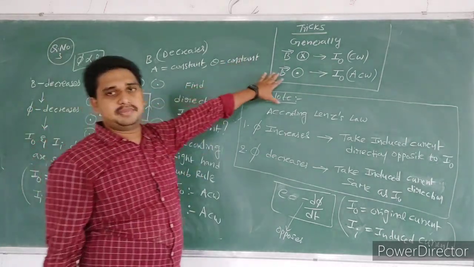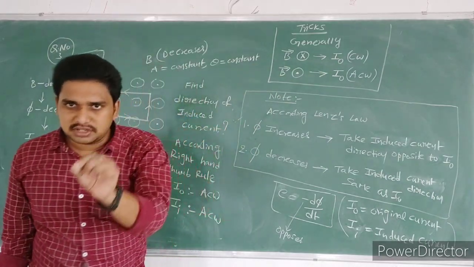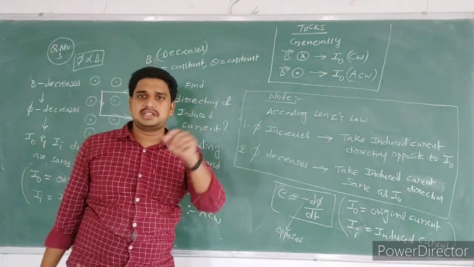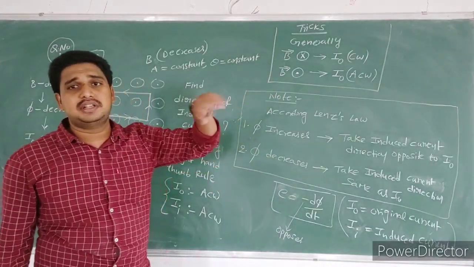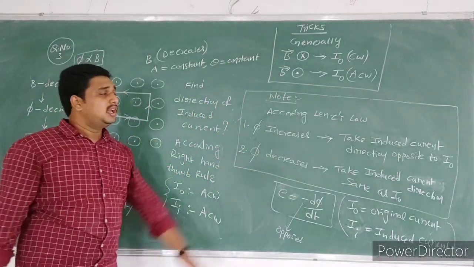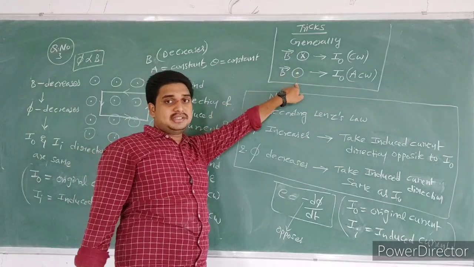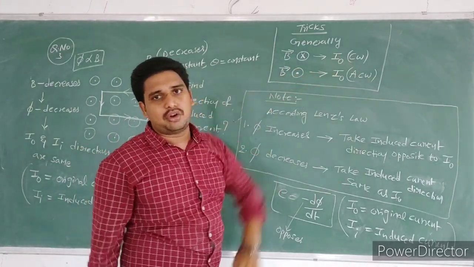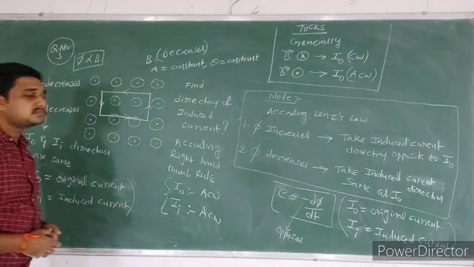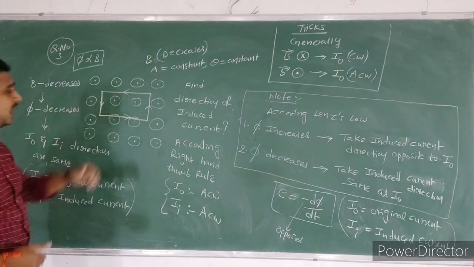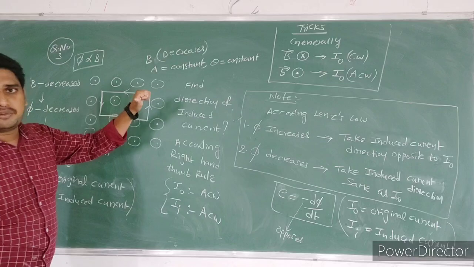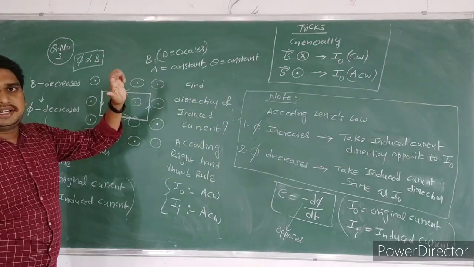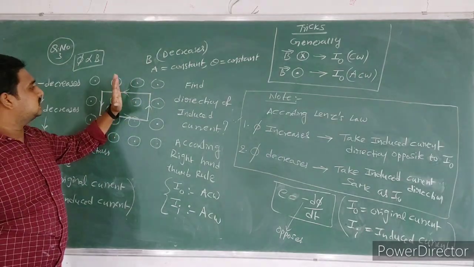These are the tricks. If the magnetic field is into the page, definitely the electric current direction is clockwise. If the magnetic field direction is out of the page, the electric current direction is anti-clockwise. For example, let us check it. The magnetic field direction is out of the page. The thumb indicates the direction of the magnetic field, and the curling fingers indicate the direction of current.